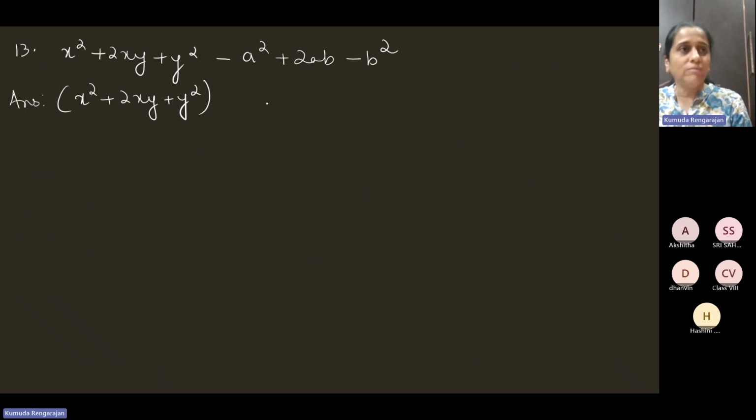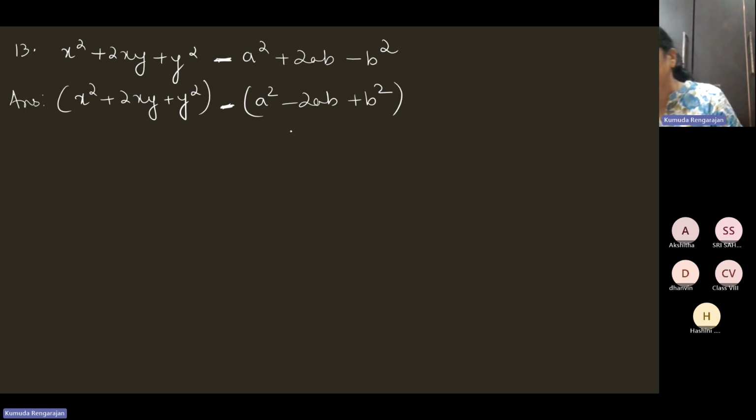But here, there's a minus here, no? After y square, there's a minus sign, and after the minus sign you're using a bracket. So this minus a square becomes plus a square, plus 2ab, minus 2ab, minus b square, plus b square. You went wrong there? I changed it now.